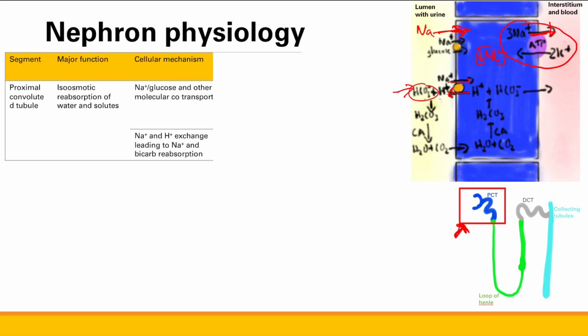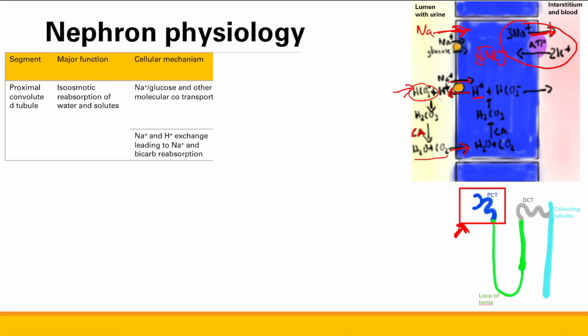It's going to become H2CO3. Something called carbonic anhydrase, that's an enzyme, is going to break down H2CO3 into water and carbon dioxide, and these two are able to cross. And then basically the whole reverse is going to happen. These two are just going to flip the switch, rewind, and turn back into H plus and then bicarb.